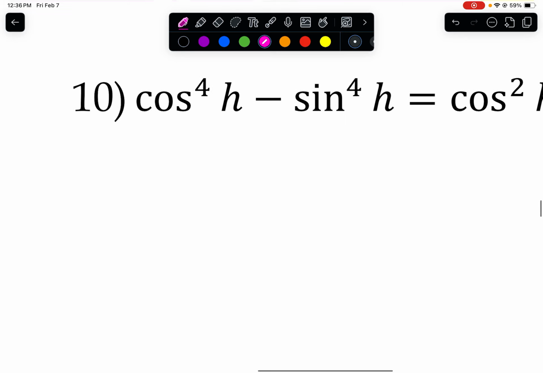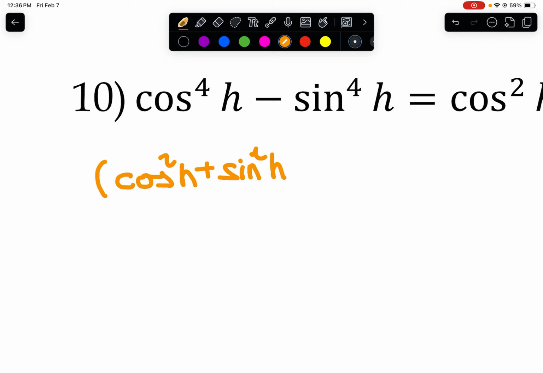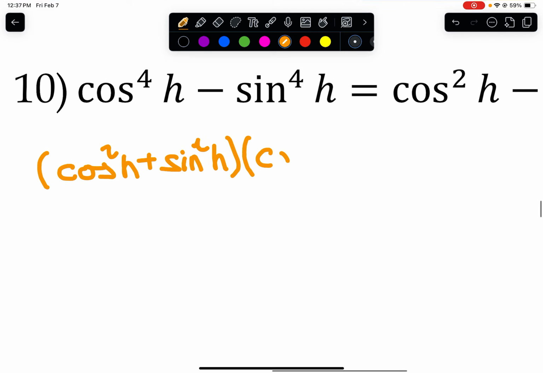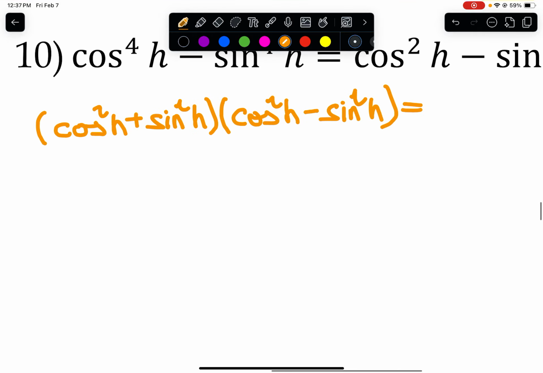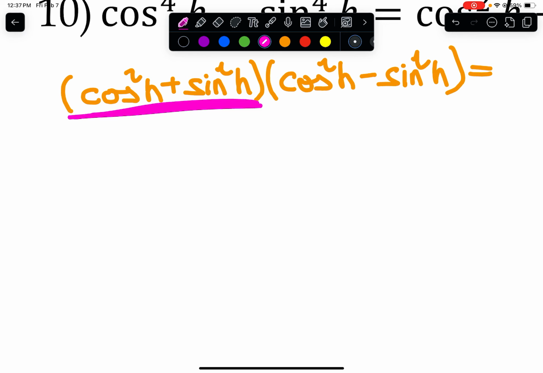So when I do my difference of squares, this is going to turn into cosine squared h plus sine squared h, and then we're going to have cosine squared h minus sine squared h. I'm not manipulating the right side, so I'm going to leave it blank. And what you hopefully notice right here, cosine squared h plus sine squared h, that's Big Papa. That's just going to go to 1. And then we're going to be left with cosine squared h minus sine squared h.